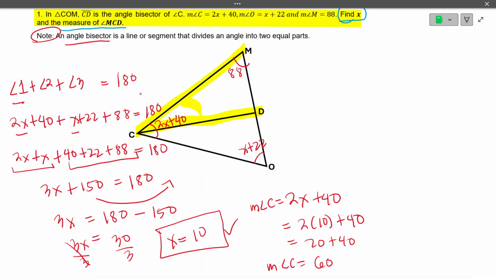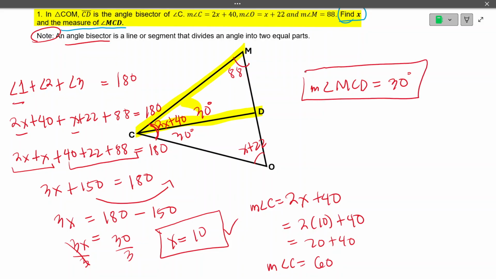If the entire angle is 60, then what is half of it? It's just 30 degrees. This one is also 30 degrees. So, 30 plus 30 will give us angle C. But we found that the measurement of angle MCD is just 30 degrees.